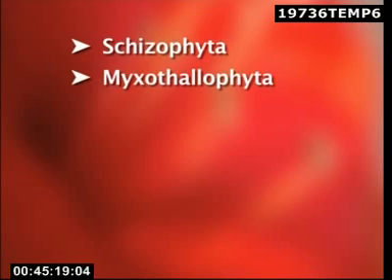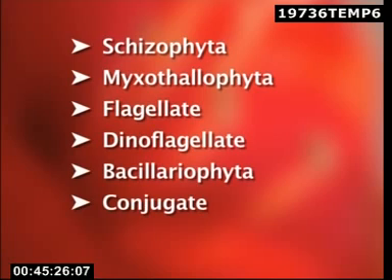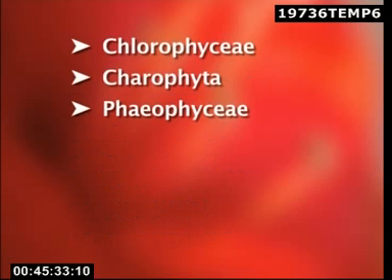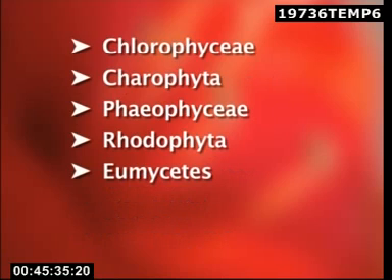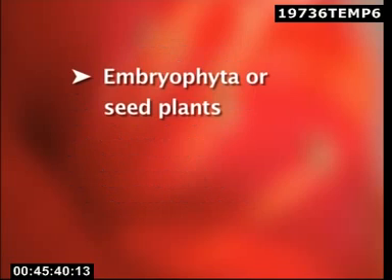These are Schizophyta, Myxothallophyta, Flagellatae, Dinoflagellatae, Bacillariophyta, Conjugatae, Heterocontae, Chlorophyceae, Charophyta, Phaeophyceae, Rhodophyta, Eumycetes, Archegoniatae, and the last one, Embryophyta, or seed plants. The division Embryophyta is subdivided into two subdivisions, the Gymnospermae and Angiospermae.